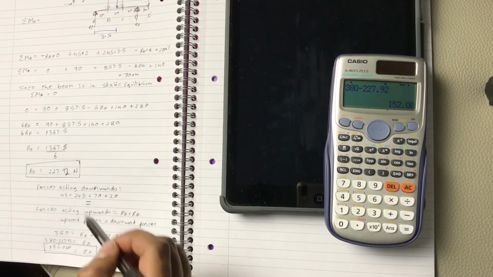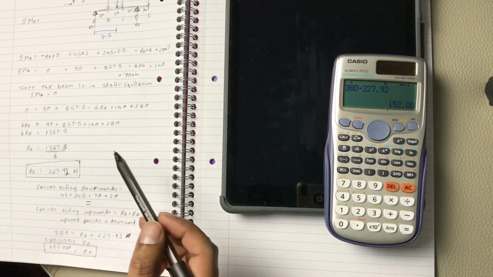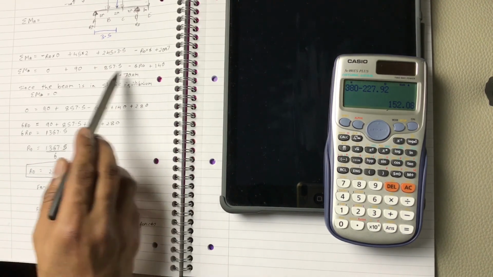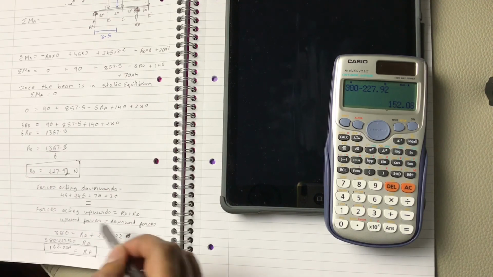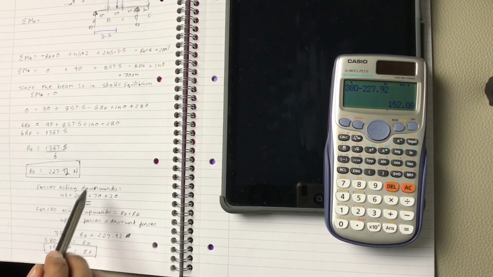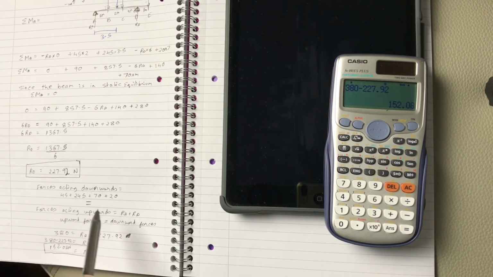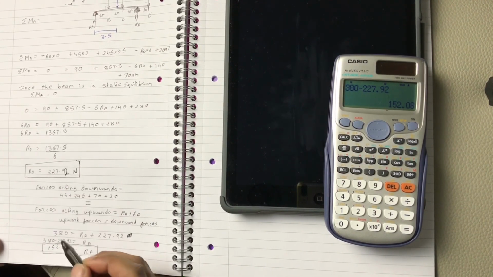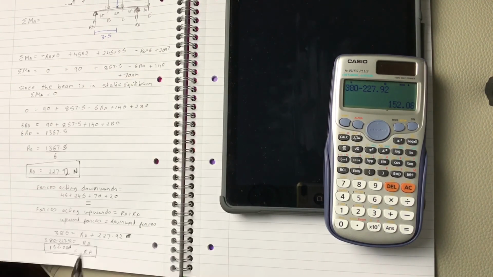I have written so many steps because I have to explain this problem, but there are many cases where you can skip steps. For example, this one here, you don't need to write all of this. You can only write upward force equals downward force, and then derive the value of RA, and this is the problem solved. And always make sure that you write your units, that's Newtons here, for RA and RD. All done.